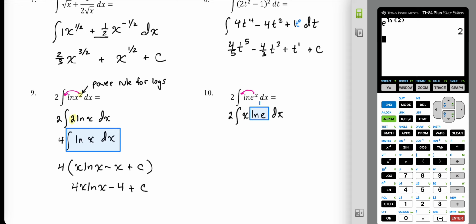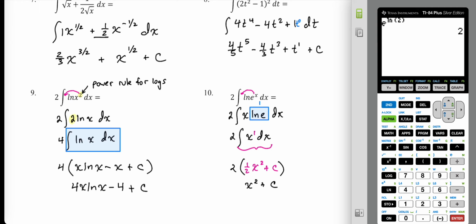So we're really looking at something that simplifies down to 2 times the integral of x. The integral of x, increase your exponent by 1, so x squared, 1/2 plus c, then multiply it by the 2, and you get x squared plus c. All right, so kind of a simple answer compared to what you might have started with.